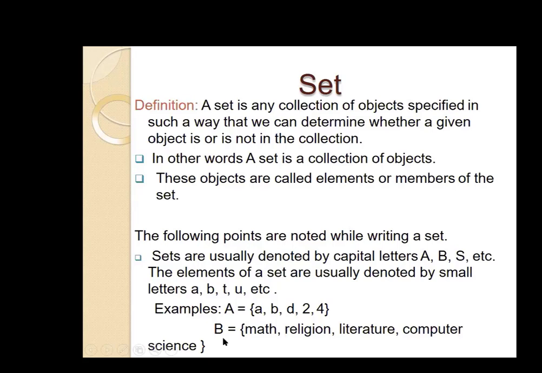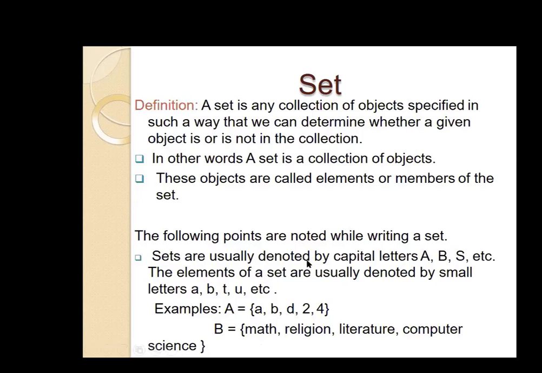In the same way, in another example, B is a set which has the objects math, religion, literature, computer, science. So in any other kind of set, whenever the particular objects come in the form of a collection, they make a set. The following points are noted while writing a set.